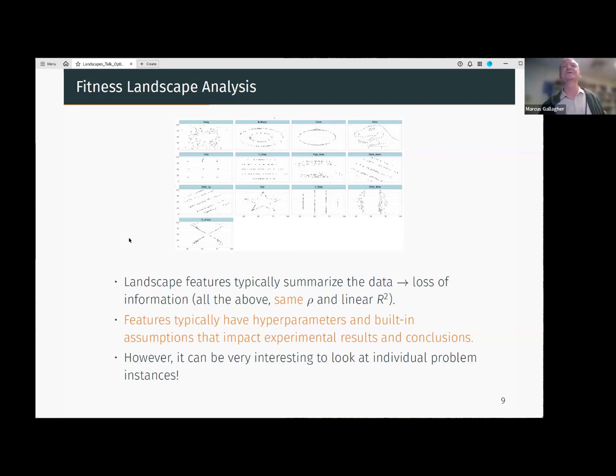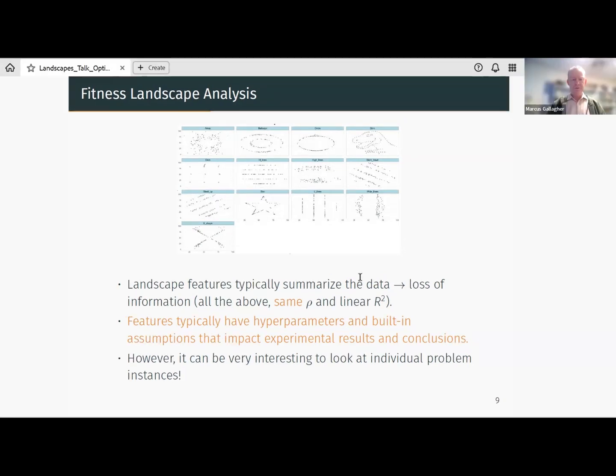So I stole this picture from somewhere on the internet, but it's widely used in statistics as an example of a whole lot of data sets that all have the same correlation coefficient and the same linear R. So you have this kind of situation where features can be losing a lot of information.